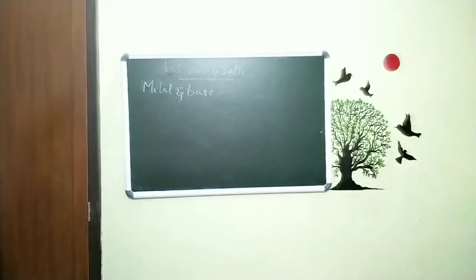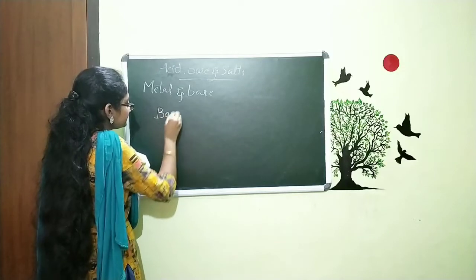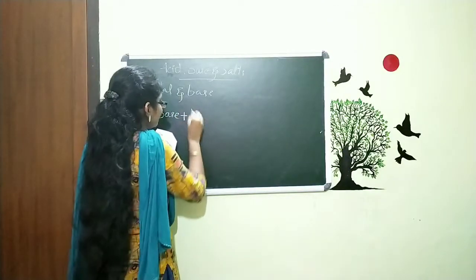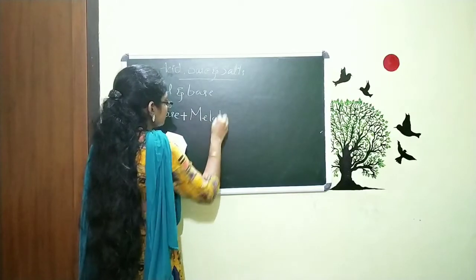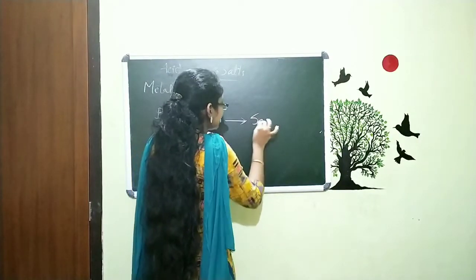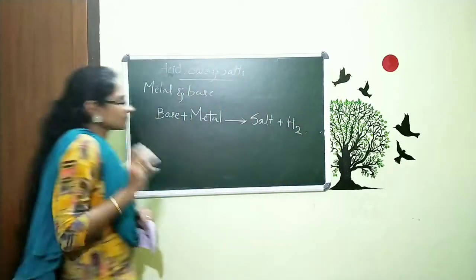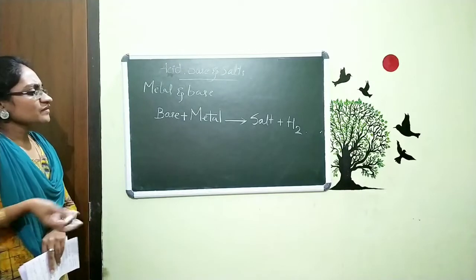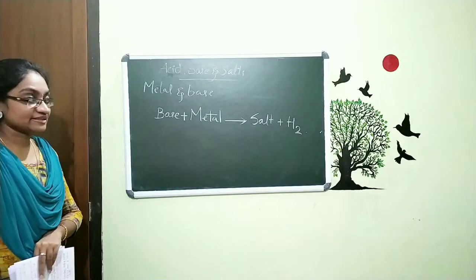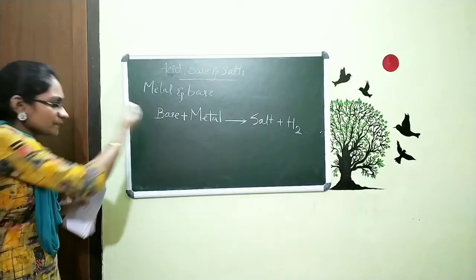Now we are going to write the general equation for this. When a base reacts with metal, we can write the general equation as salt plus hydrogen gas. But one problem is that we don't get the salt and hydrogen gas for all metals. This is only for certain types of metals.